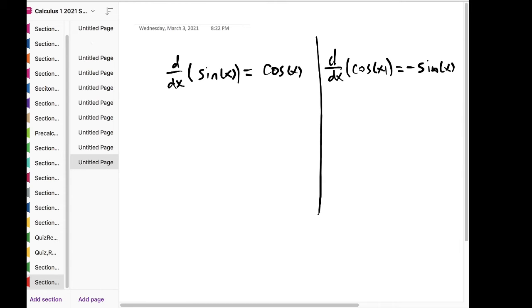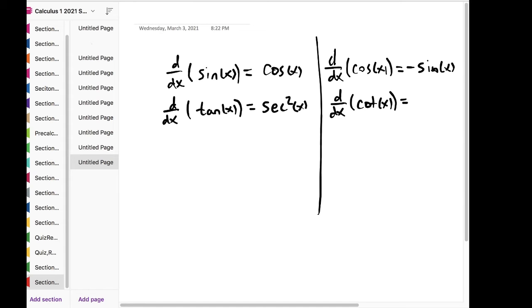What is the derivative of tangent? Secant squared. Derivative of cotangent? Yeah, negative cosecant squared.